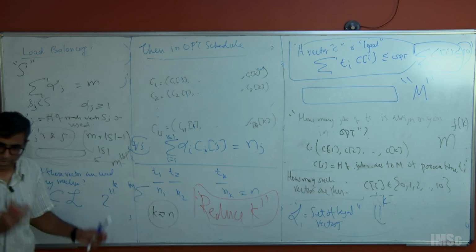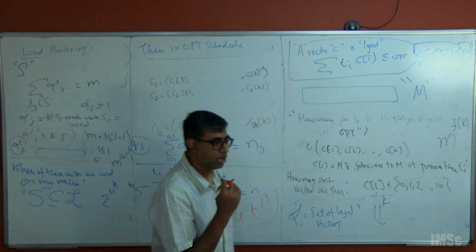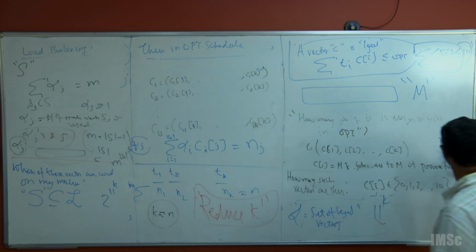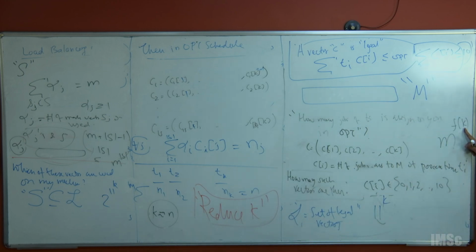If the number of distinct processing times was like 10, what is my running time? Some m to the power of a function of 10, which is polynomial time. I am very happy, but unfortunately that cannot be done. But I will do it, at a cost, at a loss.